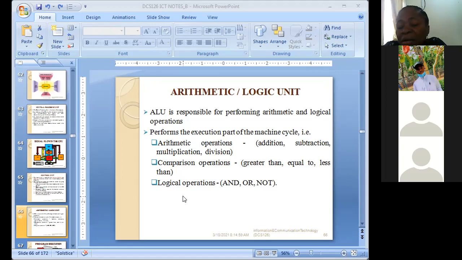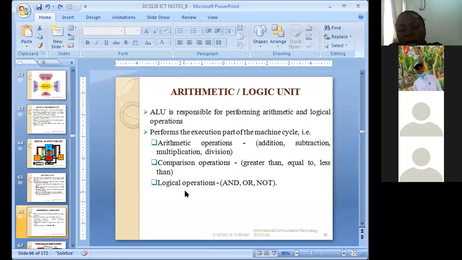So this aspect of the instruction is the logical aspect, and the ALU will also do that. It will check whether the number it has multiplied is greater than or less than 50. And once it does the comparison, whatever the result, it will now move on to do the next instruction, which is to add it to a particular list, and so on.